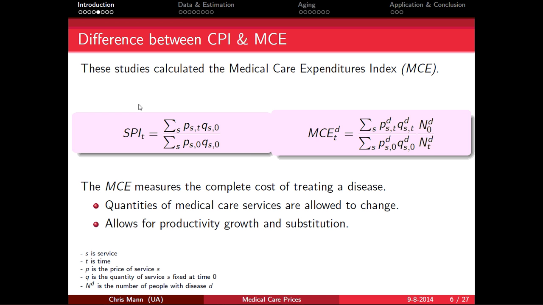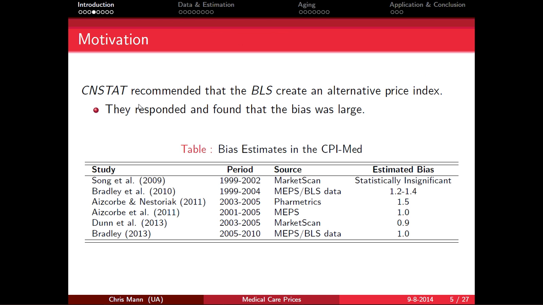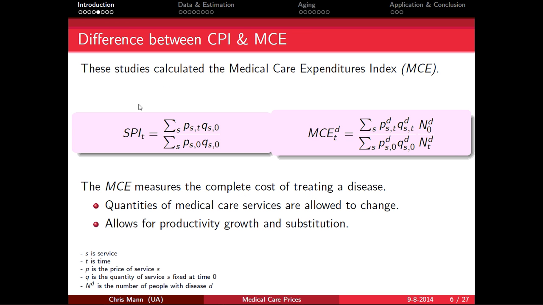And on the right, we have the medical care expenditures index, which is what these other studies in this table are actually using to calculate inflation. Right? So in the SPI, what you can see is that P is equal to price, Q is the quantity of the service, S is the service, T is the time period, and 0 is the base year.